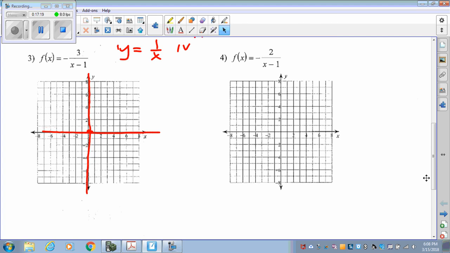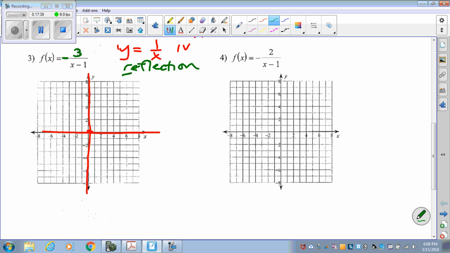Now I've got these transformations going on here. I've got a reflection, and then a 3 here that's multiplied, so that would be a stretch. And then a horizontal shift.